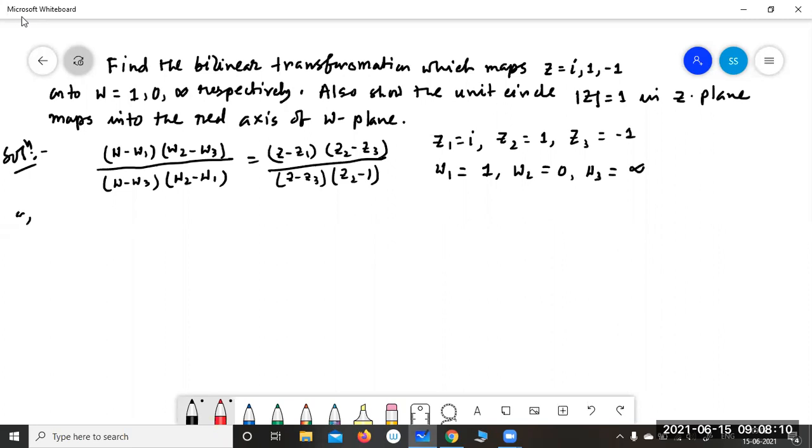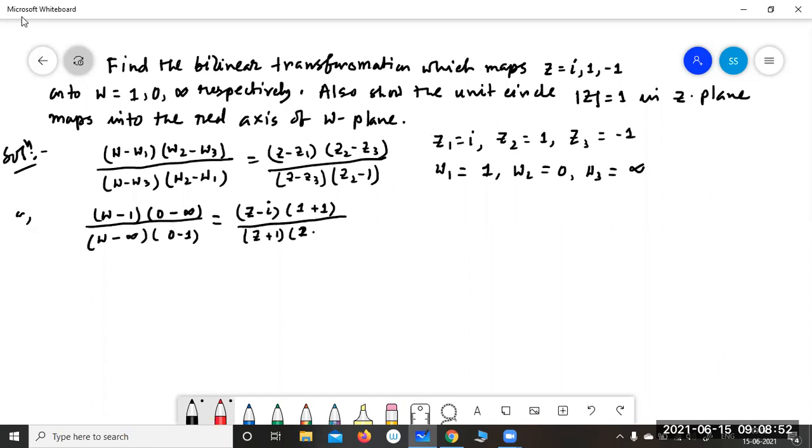Now we are putting this. So w minus w1 means w minus 1, into w2 minus w3, that is 0 minus infinity, divided by w minus w3, that is w minus infinity, into w2 minus w1, that is 0 minus 1, is equal to z minus z1, that is z minus i, into z2 minus z3, z2 means 1 minus minus 1, that is 1 plus 1, then divided by z minus z3, that is z plus 1, into z2 minus z1, that is 1 minus i.